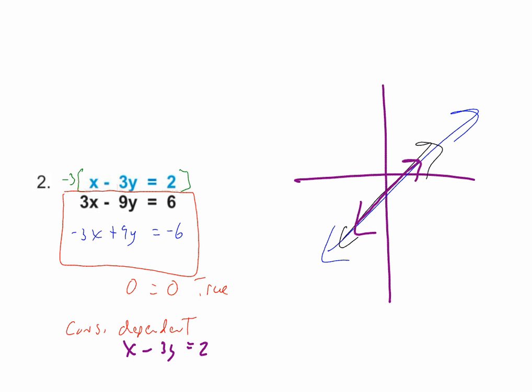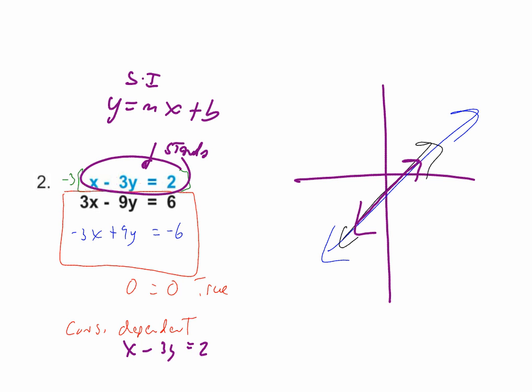If you were graphing these, you would get one line right on top of the other. The line. What would you have graphed? This. And some of you are looking cross-eyed at me. What in the world are you talking about? Because here's your problem. You don't fully understand that this is slope-intercept form of a linear equation, and this is standard form of a line.